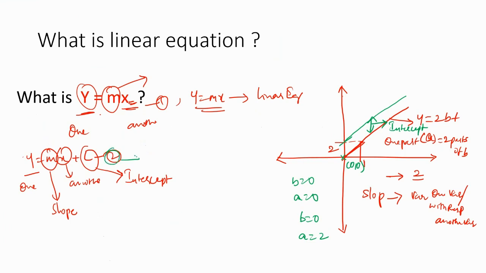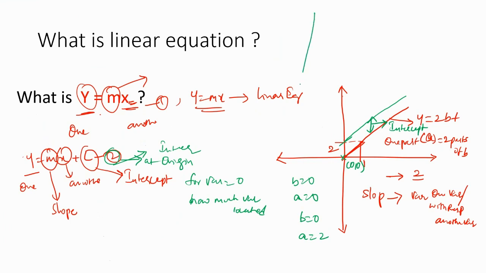So this value tells us how much one variable is at the origin when the other variable is equal to 0, and how much distance it is located. So this term we call the intercept.